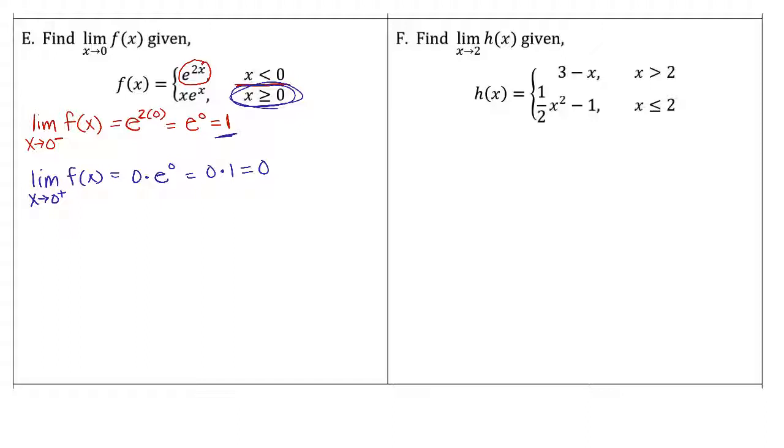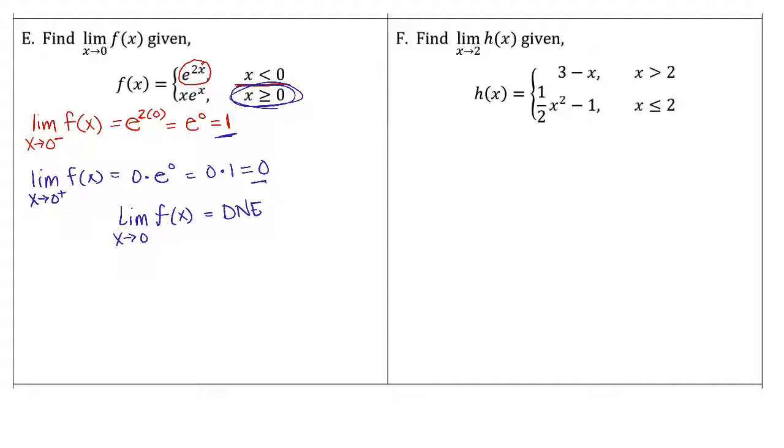We don't have these two matching. So we're going to say that the limit as x approaches 0 of our given function does not exist. Why doesn't it exist? Well, the limit from the left did not equal the limit from the right. So they're approaching two different y values.